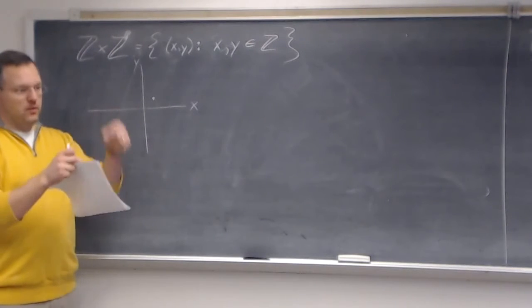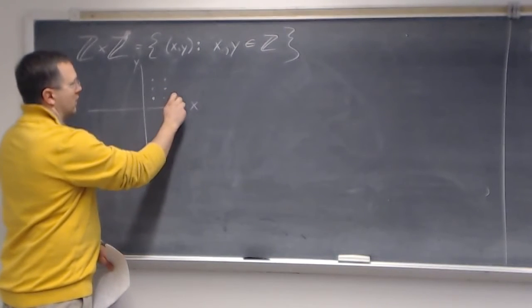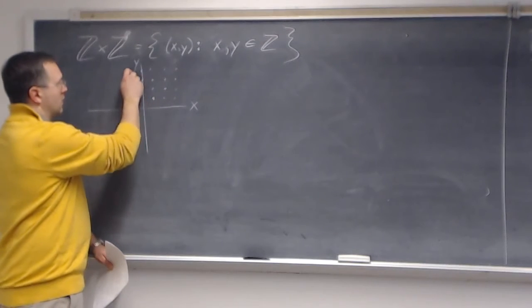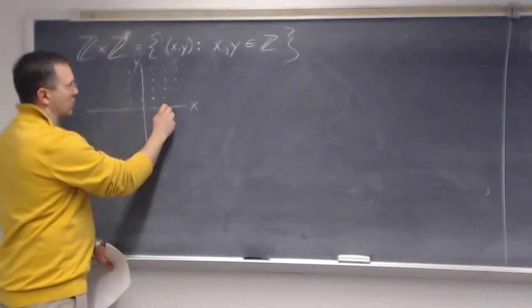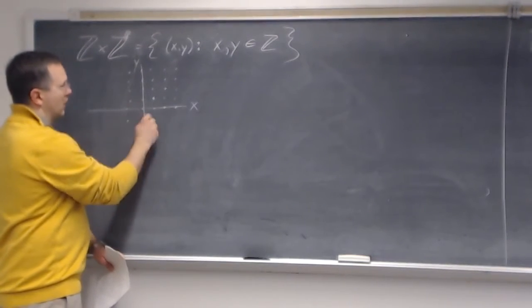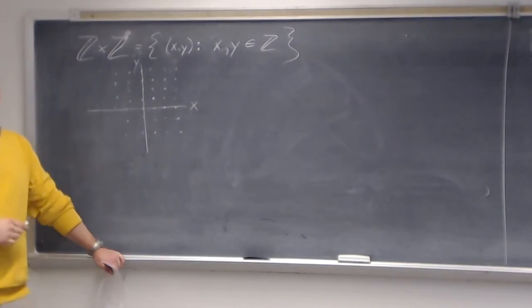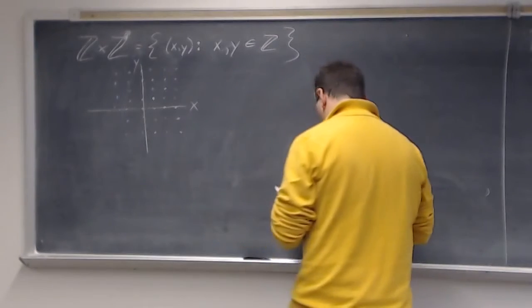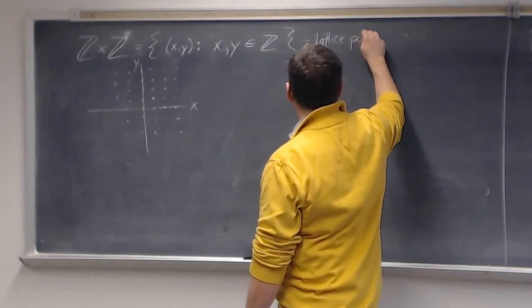There are points and sticks. It's basically that. You're getting a grid, with points like 0, 0, 0, 1, 0, 2, and so you get this lattice covering the whole XY plane. So I would call these lattice points.